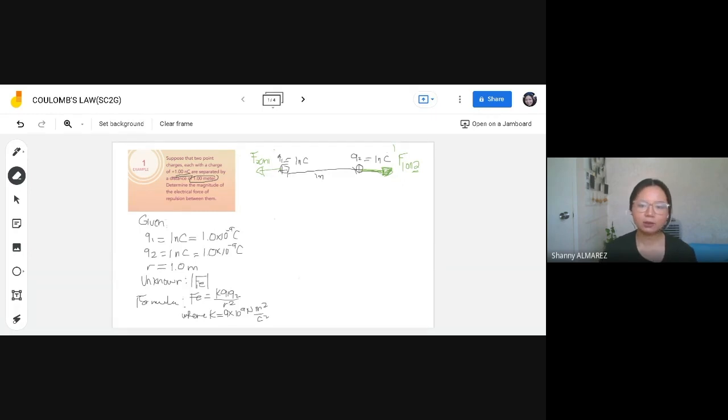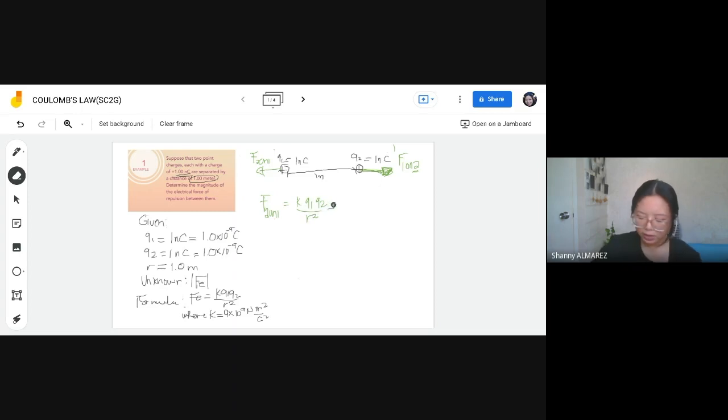Okay. So now let's continue. Let's compute first. We are interested in the magnitude of the force, right? Pwede natin siyang i-compute individually so that we can also generate some insights or generalization. I will compute first, or we can compute first for F2 on 1. So this is equal to, based on our formula, K, Q1, Q2 all over R squared.